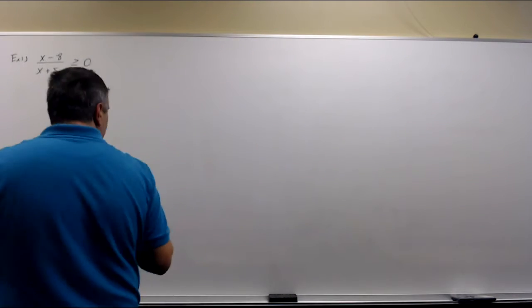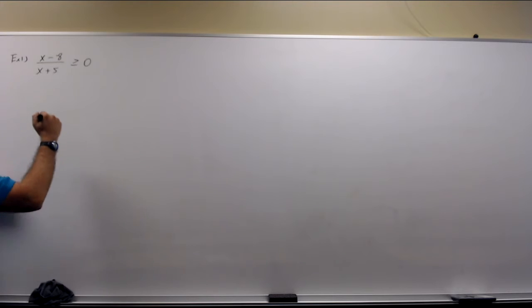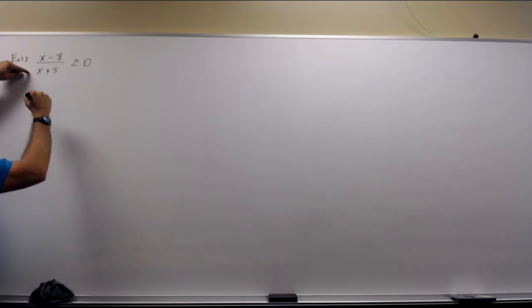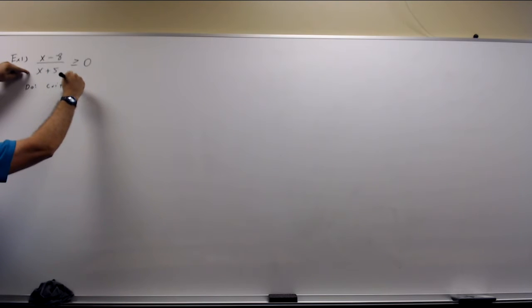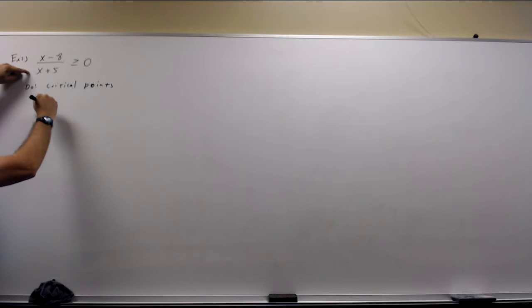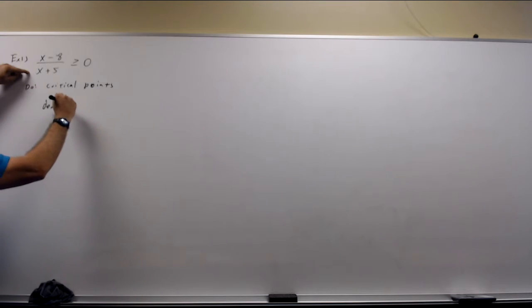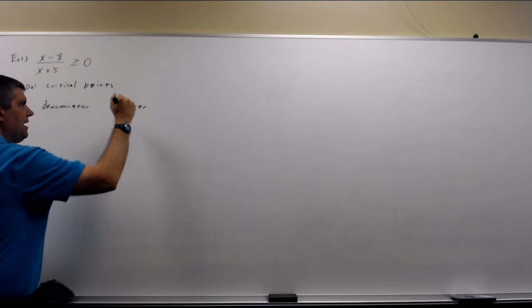So, here's what I got over here. (x minus 8) over (x plus 5). Do critical points: denominator and other.